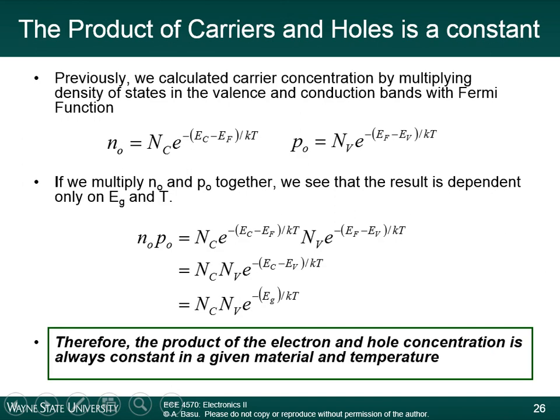So now we have a formula: N0 times P0 equals NC NV e to the EG over KT. These are all constants. NC is a constant, NV is a constant, EG is a constant. So the product of the electron and hole concentration is always constant in a given material at a given temperature.